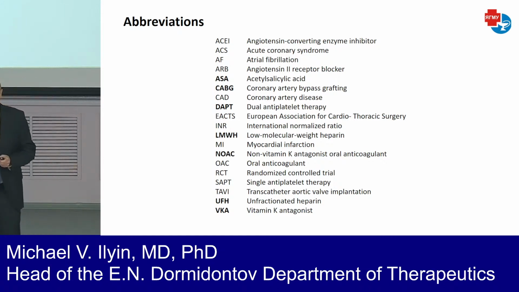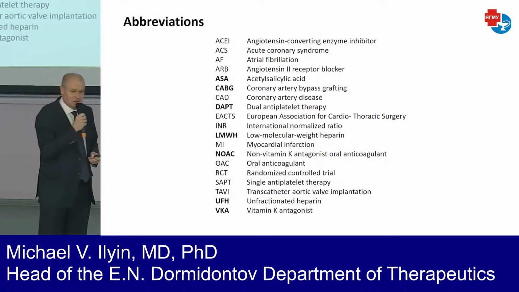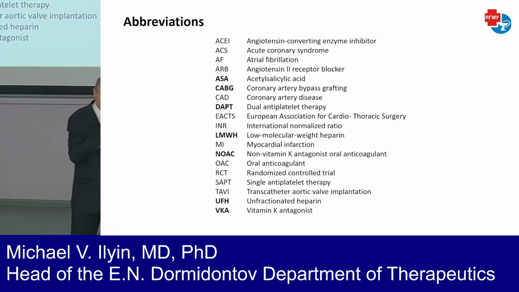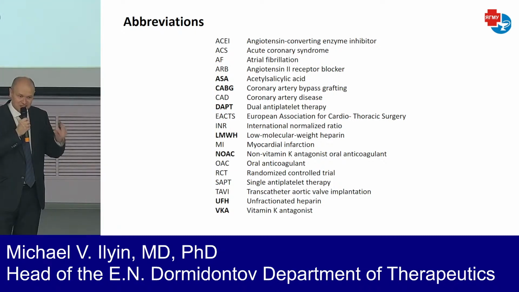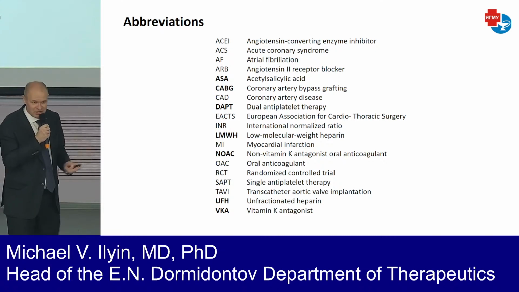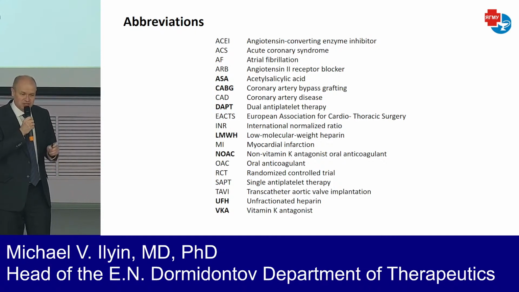So we said it. And now some abbreviations. I'm not planning just to read them over, but I would like to stop on some of them. For example, ASA, you know, acetyl salicylic acid. CABG, or cabbage, like our colleagues say, coronary artery bypass grafting. DAPT, dual antiplatelet therapy.